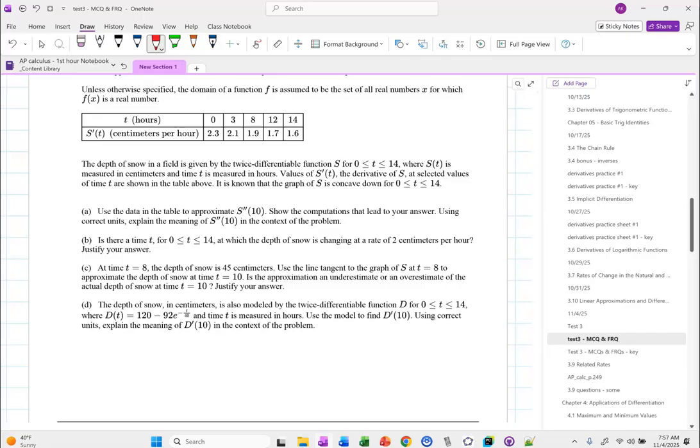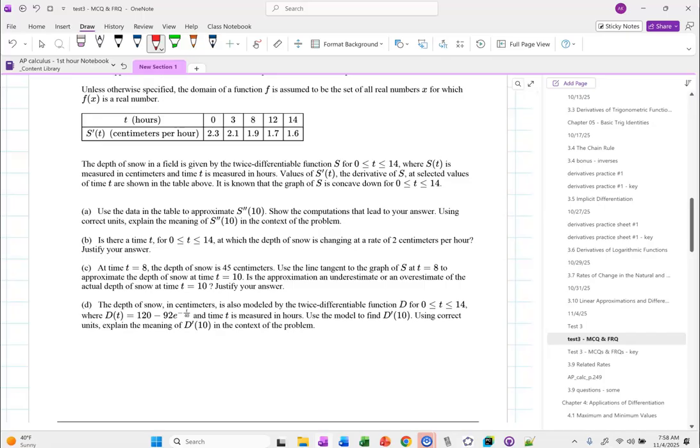So there's a bunch of preamble, but you're given this little table and it says the depth of snow in a field is given by the twice differentiable function s for 0 less than or equal to t less than or equal to 14, where s of t is measured in centimeters and t is measured in hours. Values of s prime of t, the derivative of s, at selected times t are shown in the table above.